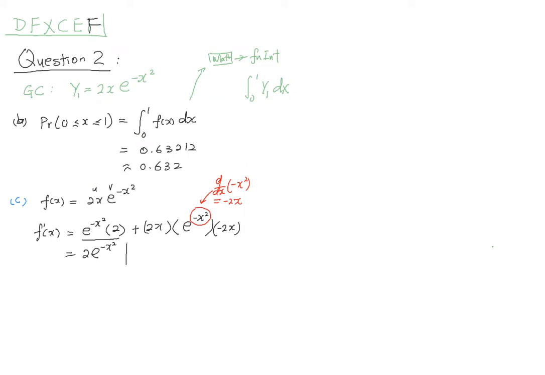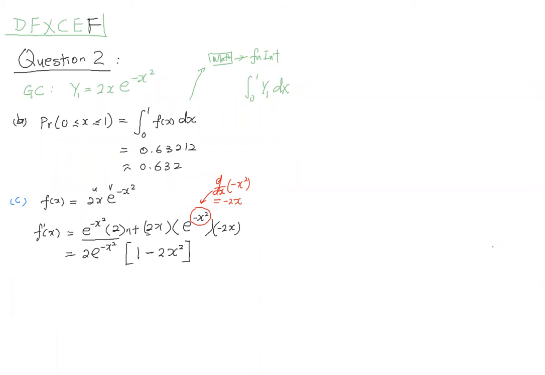Open bracket, this one is times 1, so remember to put the 1 here. You have taken out the 2, so minus 2x squared, close. So you are done with part C.